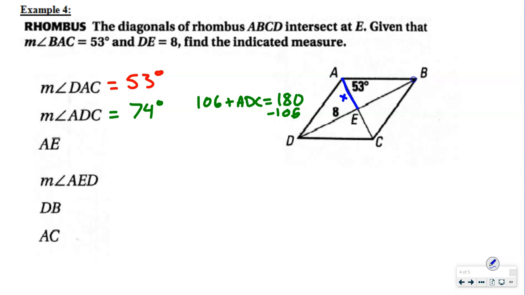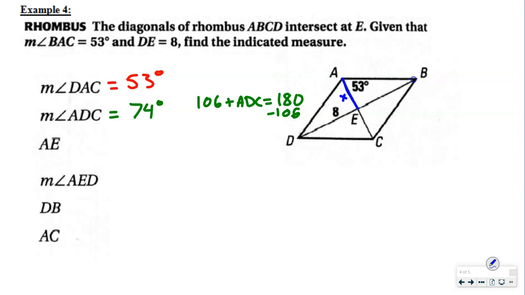I know it's not 8. This is a rhombus. For that to be 8, it would have to be a rectangle or a square. So it's not 8, because it is a rhombus, and I know this rhombus is not a square, so these diagonals are not equal.